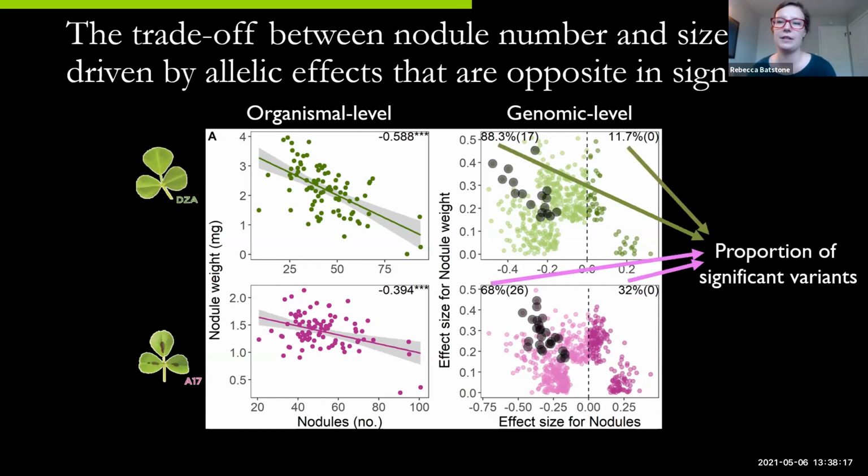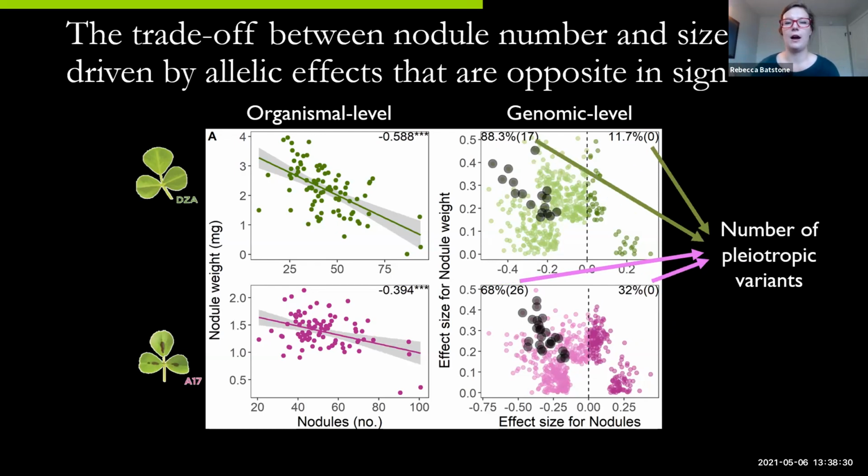And then at the top left and right corners of each figure are the percentages representing the proportion of significant variants falling to the right or left of 0. And then the counts within the parentheses are just the total number of pleiotropic variants in each side.